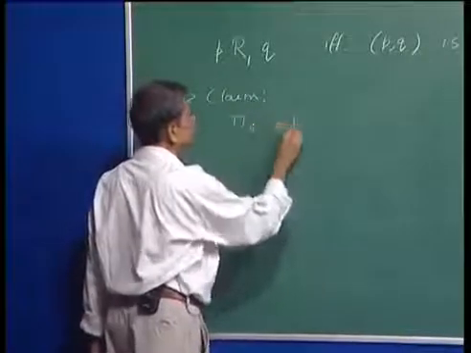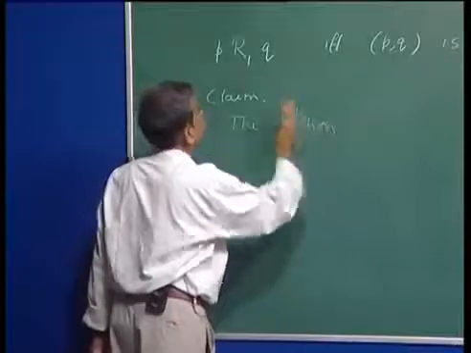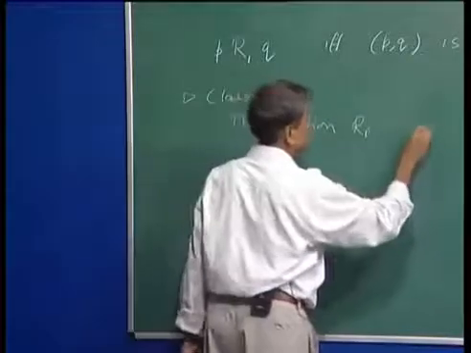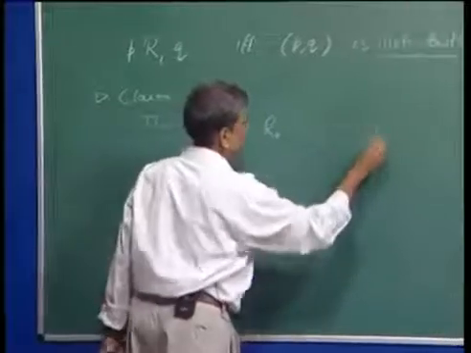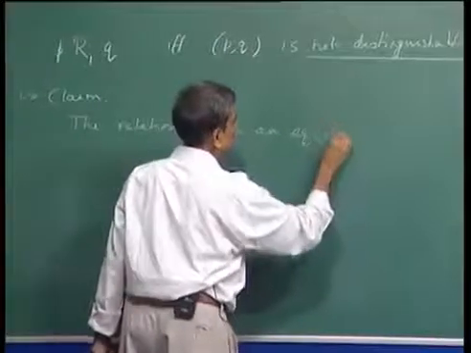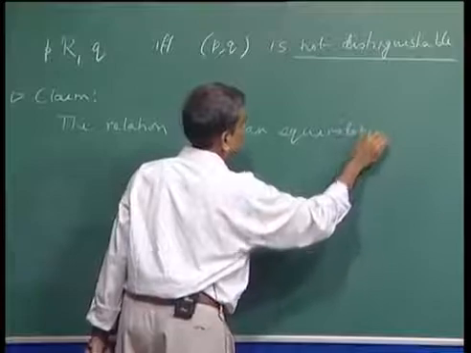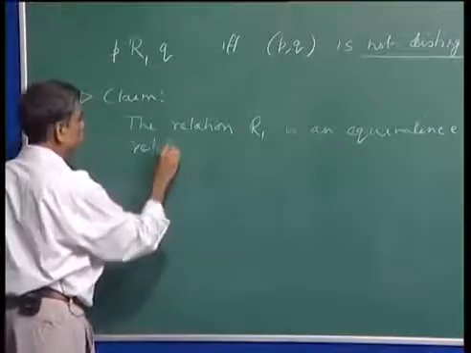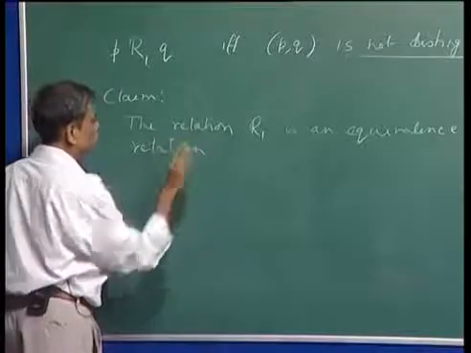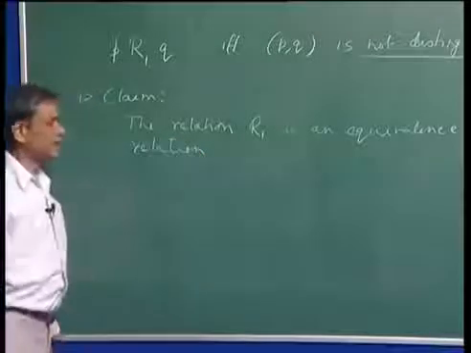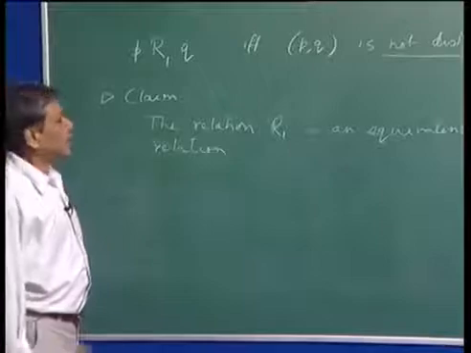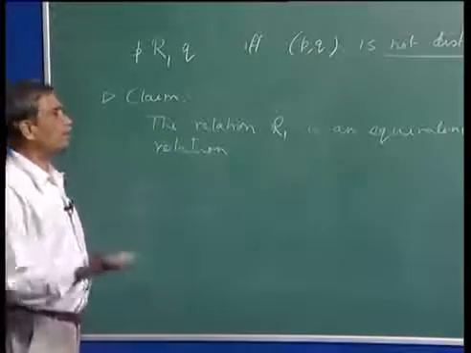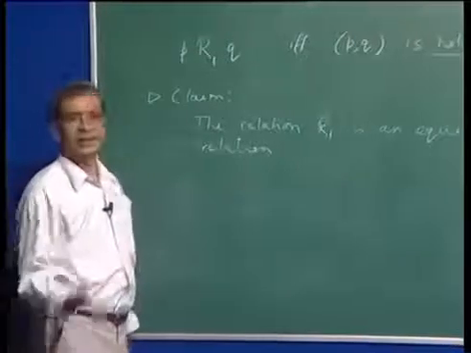The relation R1 is an equivalence relation, and this is fairly easy to check. Reflexivity is of course true: P and P, that pair is of course not distinguishable.